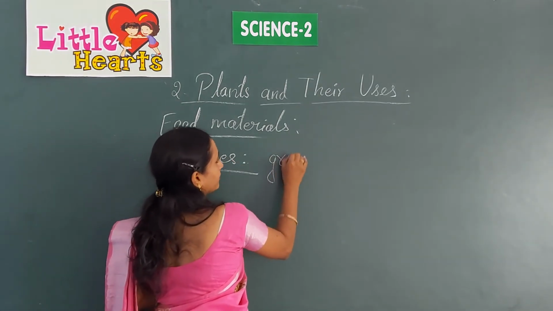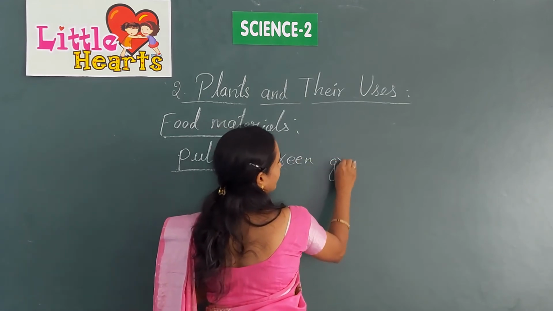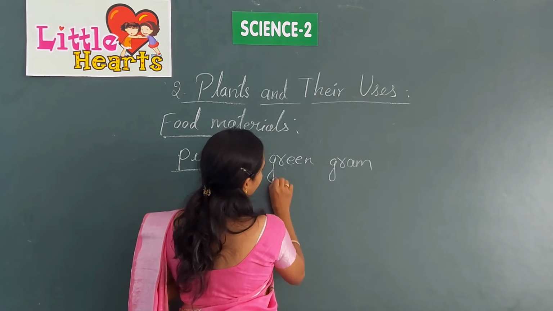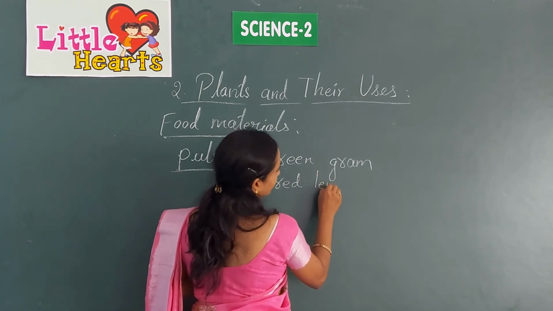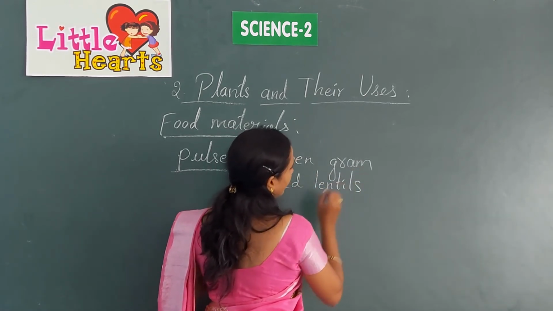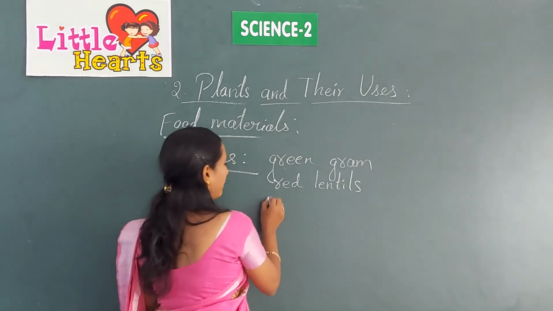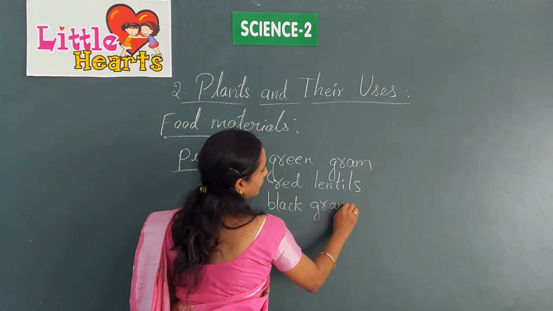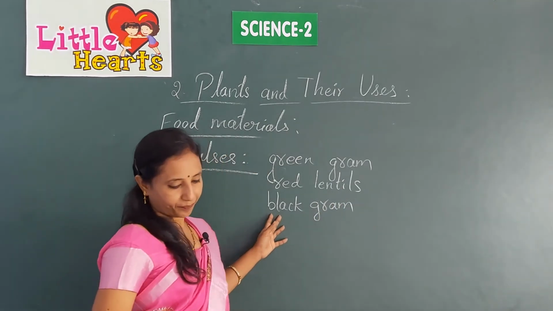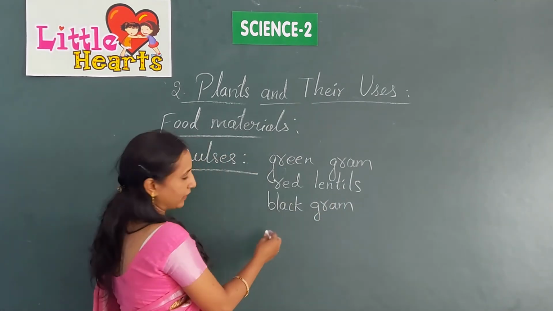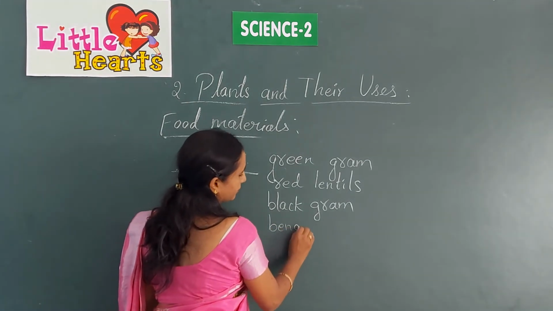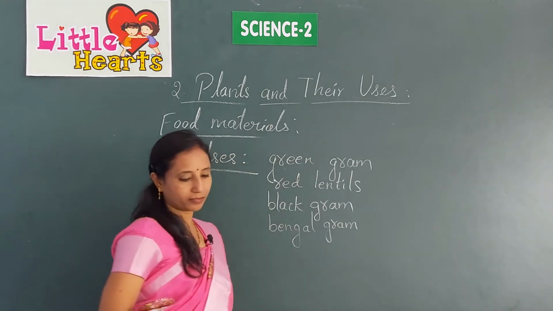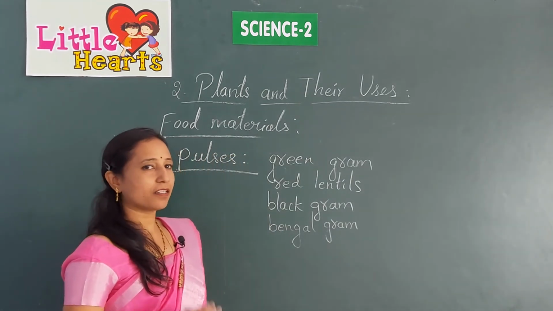Green gram, red lentils, then black gram, and Bengal gram, peas and soya beans.